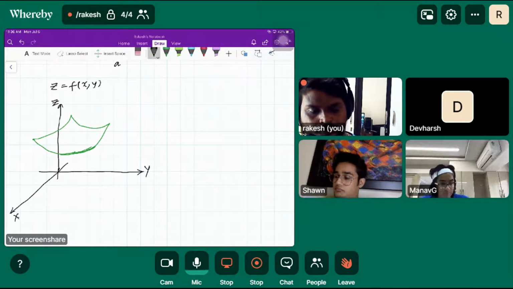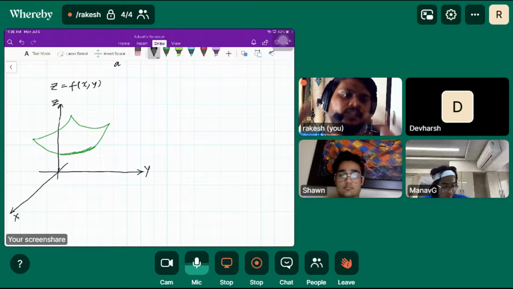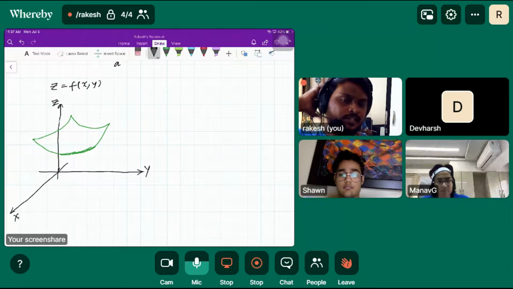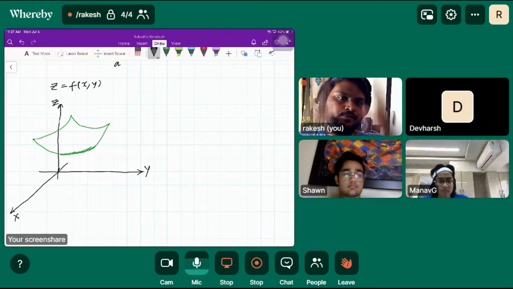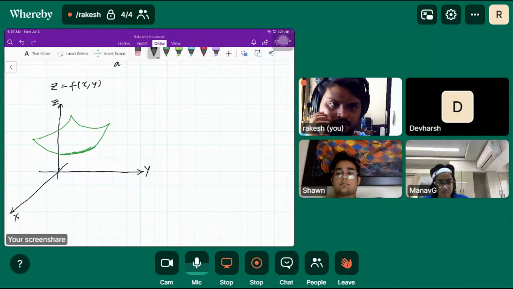Suppose we find the volume under the surface. You will definitely get a volume, isn't it?